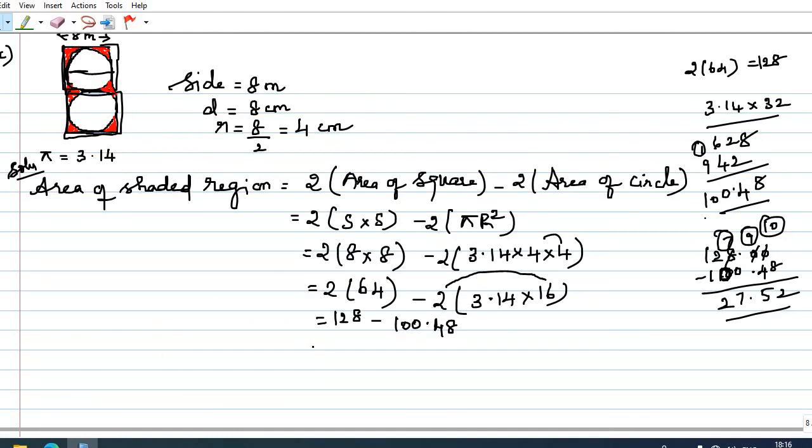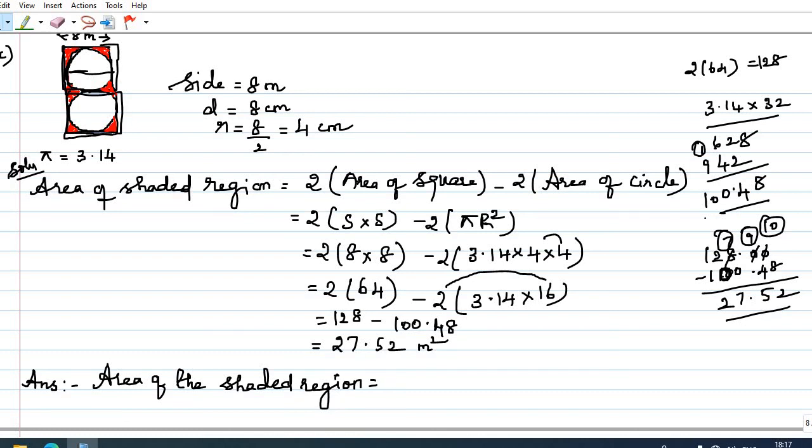So the answer is 27.52 meter square. So the answer is area of the shaded region is equal to 27.52 meter square.